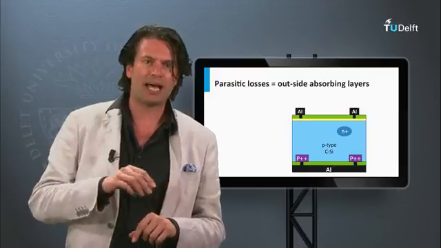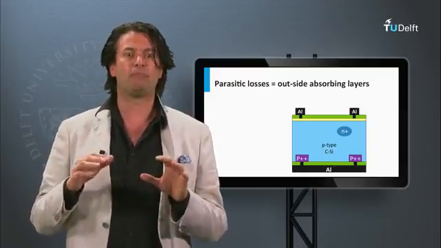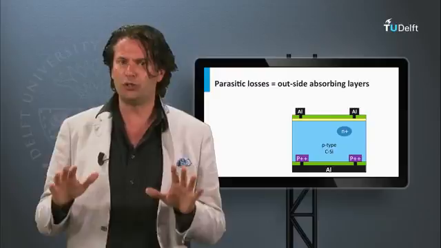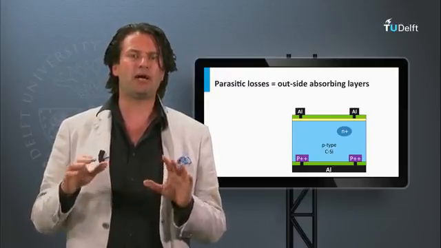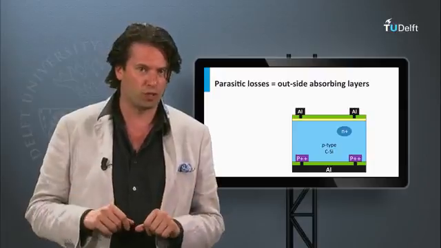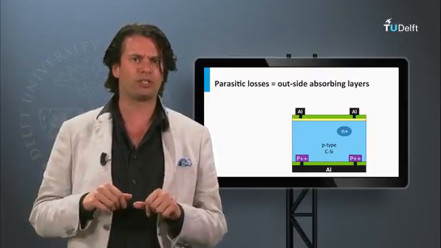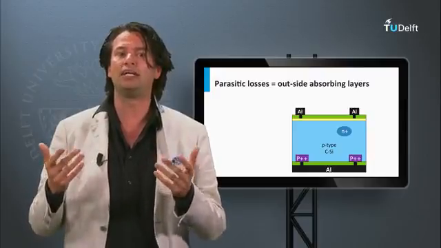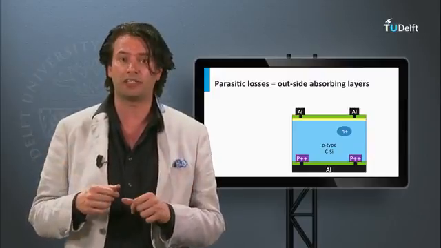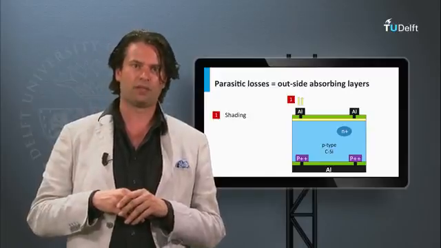At the top and the back we have the metal contacts. Using this relatively simplified solar cell configuration, we will demonstrate the various optical losses, or in other words, which mechanisms prevent that all light is being absorbed in the p-type crystalline silicon solar cell.